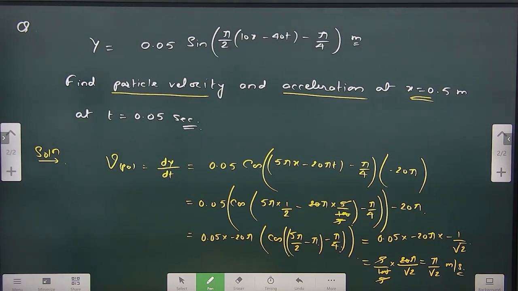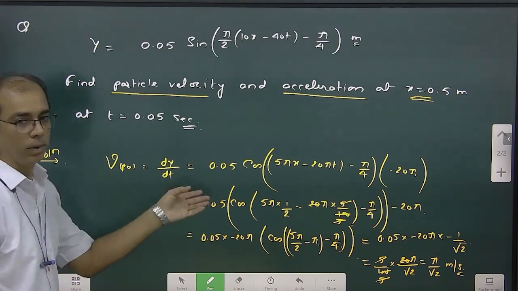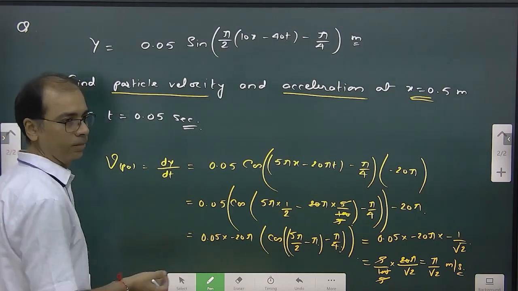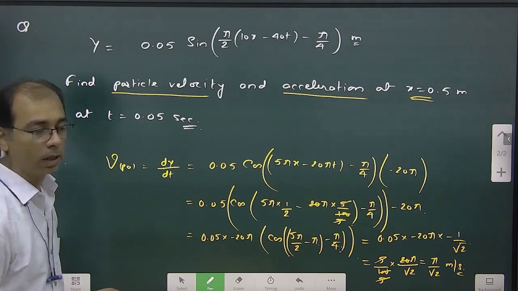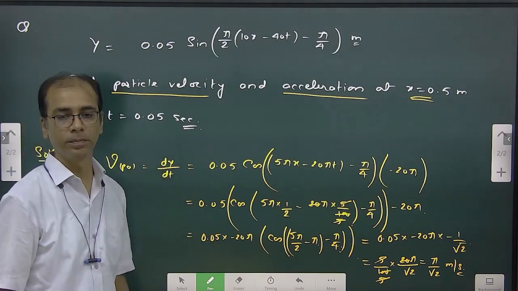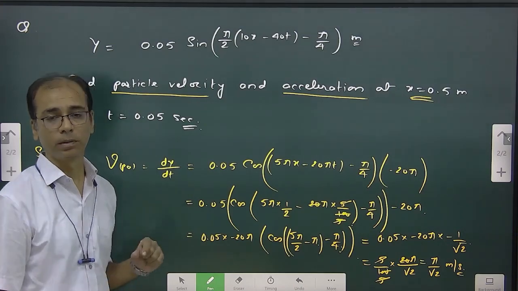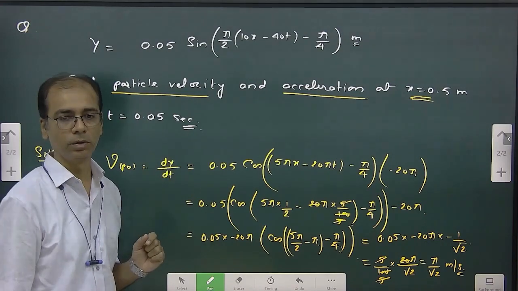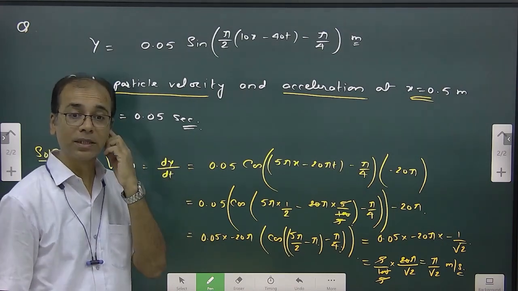Okay. Now what we have to do? We have to go for acceleration. For acceleration, one more time differentiation of this. Then again, we will be putting the same values. So what difference is there between this question and the one we did before? In that one, the particle's position along y was given, or it was maximum speed they asked.